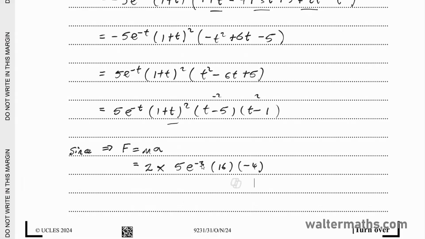And what we'll be having now is our answer being 2 times 5, that's 10. 10 times 16 times 4, so that's negative 640 e to the negative 3, which we'll take the magnitude of, which means that F will just be 640 e to the negative 3 newtons. So that's the answer here. So that's how we do it for this particular question.